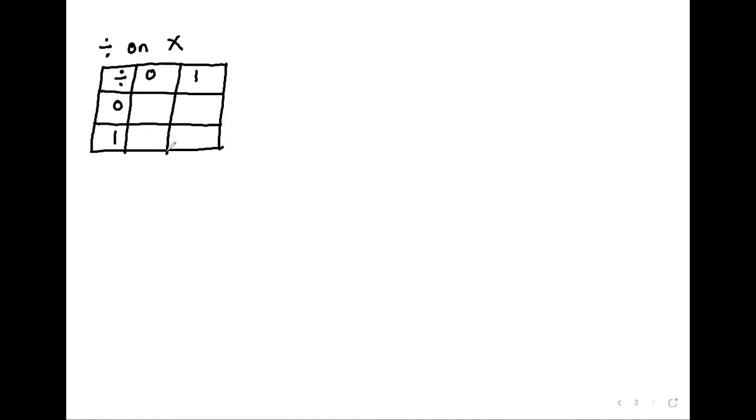Now, what is 0 divided by 0? If you have a scientific calculator and punch 0 divided by 0, it says math error. The reason is simple: no one knows the answer. So the other way of answering that is to say it's undefined.